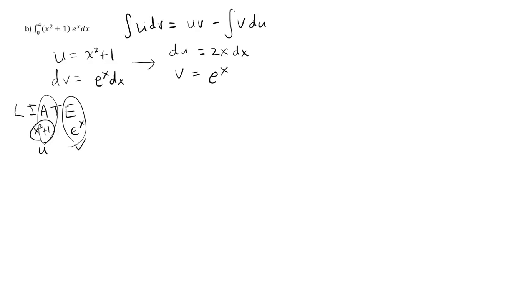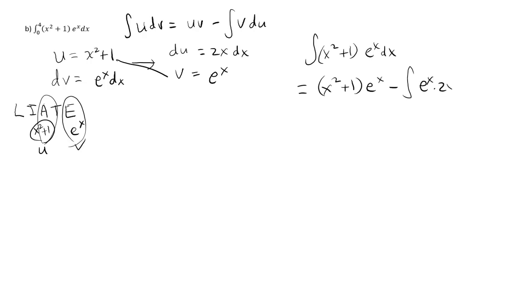And now you're almost done, because now you have the integral of x squared plus 1 times e to the x dx equals uv, so these terms multiplied, x squared plus 1 times e to the x, minus the integral of v du, so it's e to the x times 2x dx. And since this is a definite integral from 0 to 4, all of these should have 0 to 4 there.